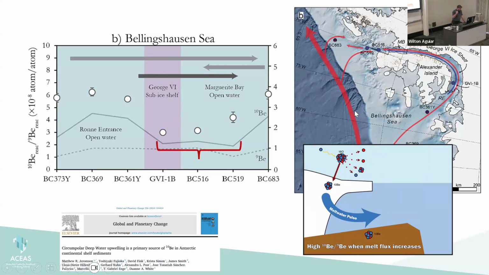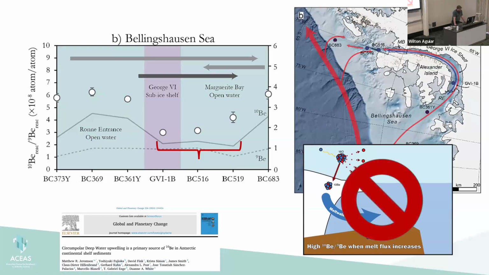So if we're looking at the area where there's outflow, or underneath the ice shelf, the expectation is that there would be more melt, and therefore those signatures may be higher, which is something that we also don't see in this specific system as well as others. So it doesn't look like that hypothesis is working either.